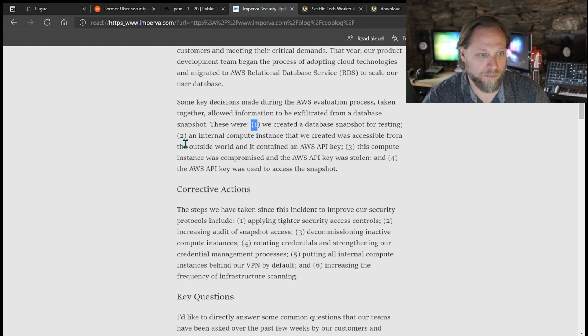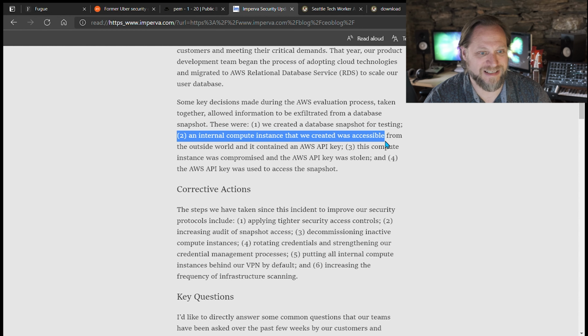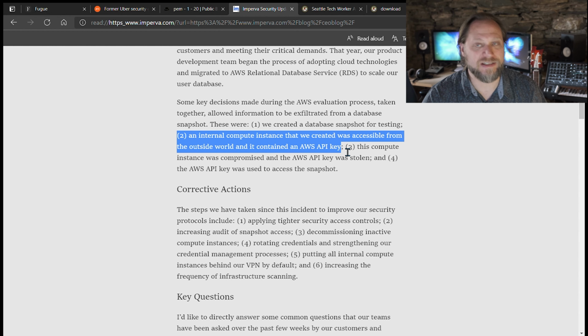Two, an internal compute instance that we created was accessible from the outside world, and it contained an API key. All right. Two issues here. One is that the compute instance was exposed directly to the internet with no intervening layers that would provide better security.